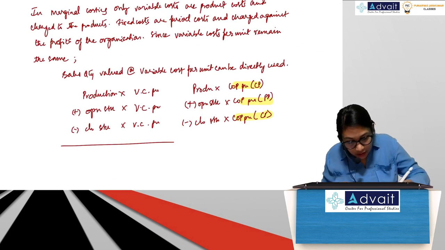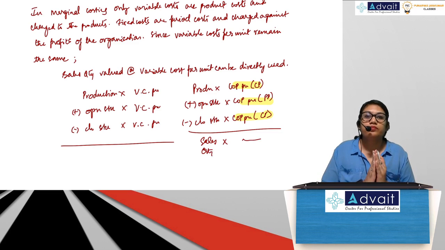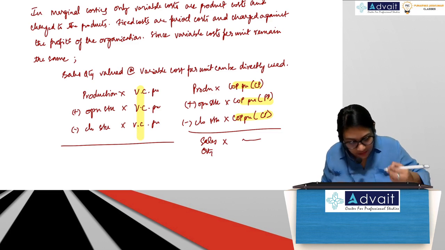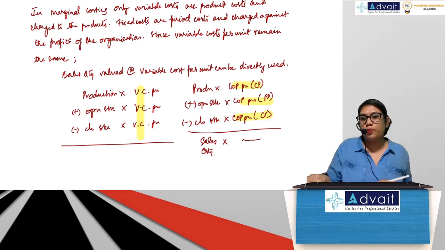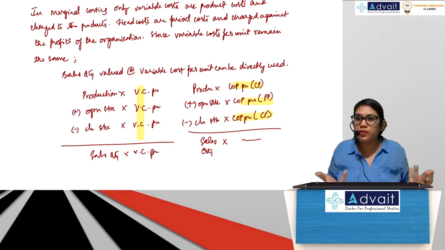Only after I do this, I will get sales quantity into whatever value is left. That I'll have to figure out. But here, everything is valued at variable cost. So instead of writing production, then add opening, then minus closing, what is the point? You directly put sales quantity into variable cost per unit.